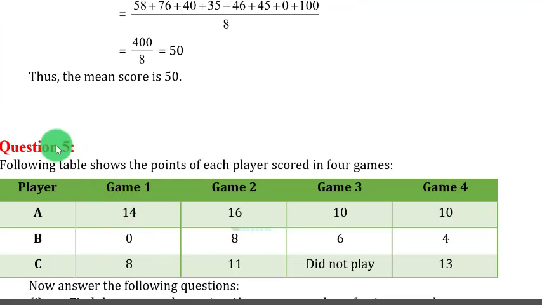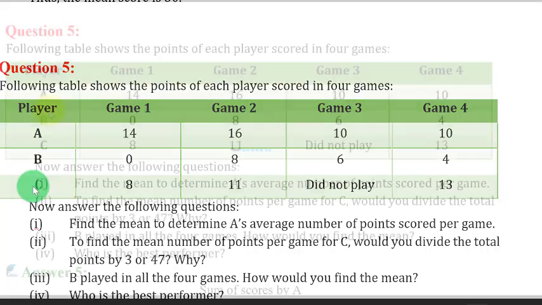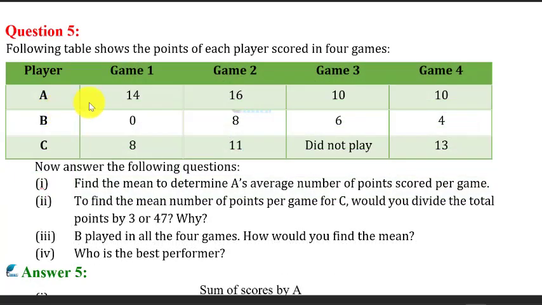In this question number 5, the given question is: the following table shows the points each player scored in 4 games. So here are player A, player B, player C. Player A scored 14 in the first game, 16 points in the second game, 10 points in the third game and 10 points in the fourth game.